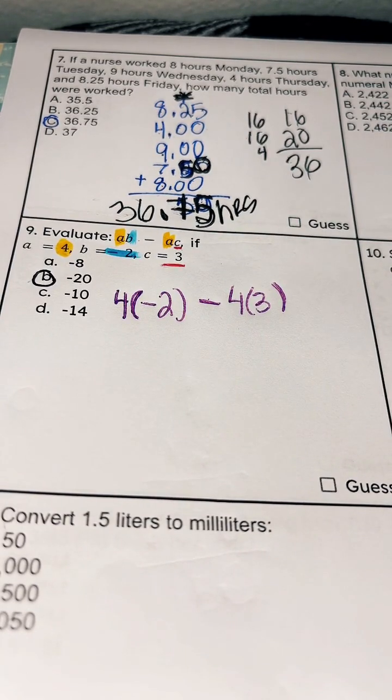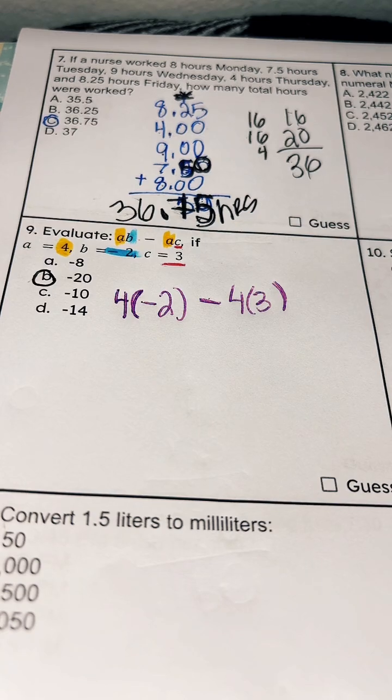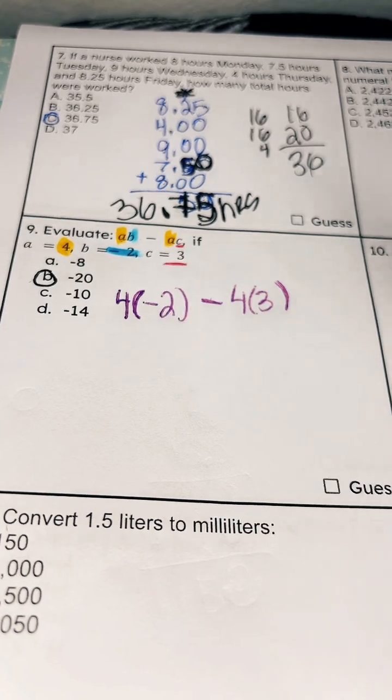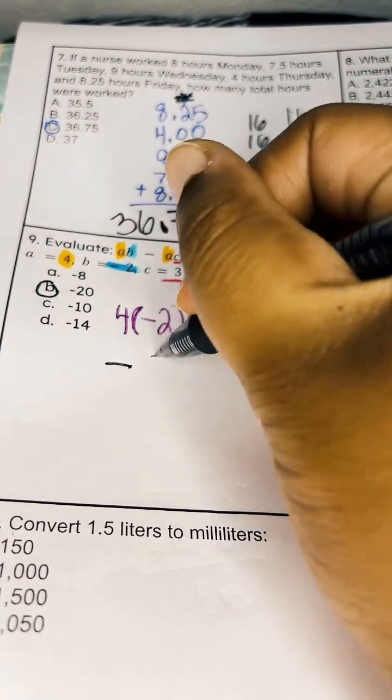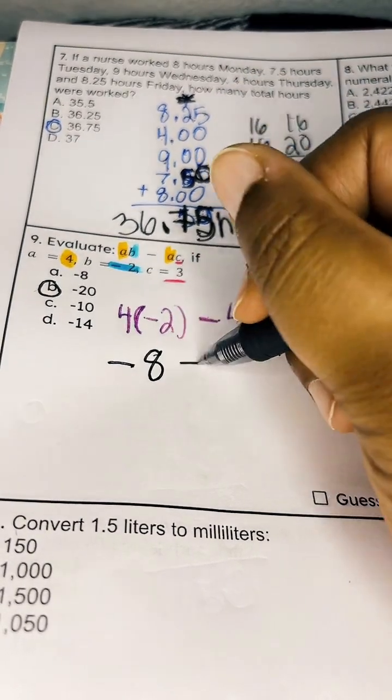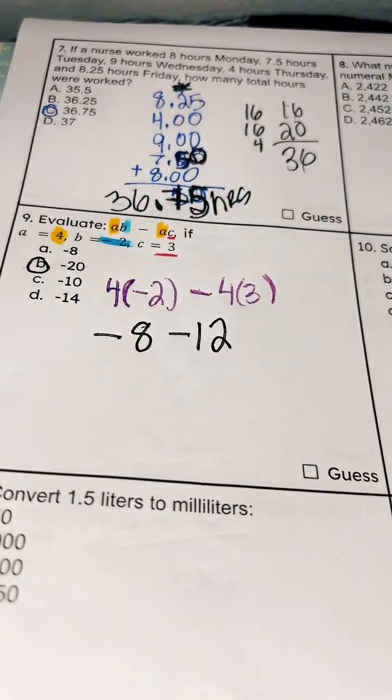Yes. Good. Okay, so now what do we do? -8 minus 12. Good. A positive times a negative is always a -8. A -4 times 3 is a -12.